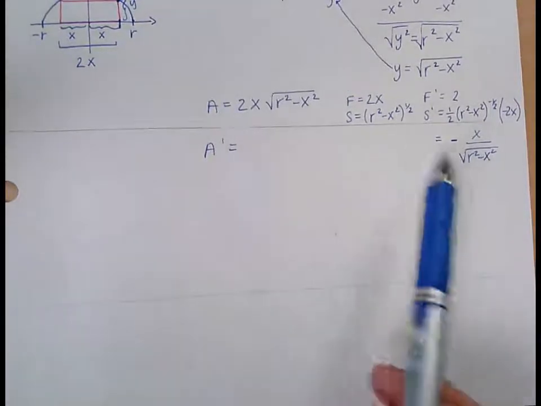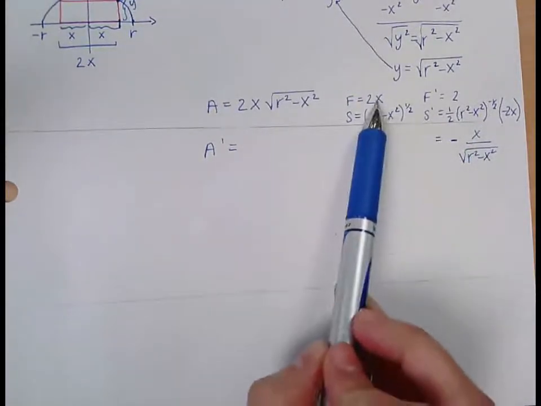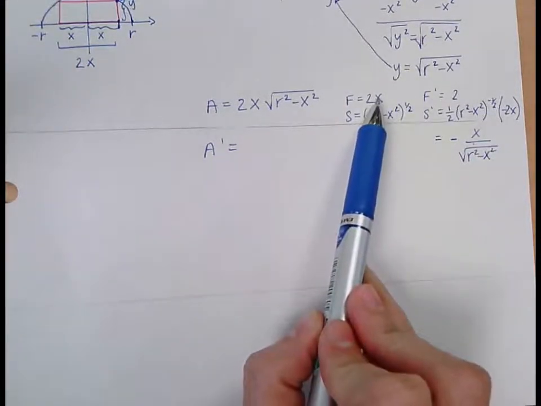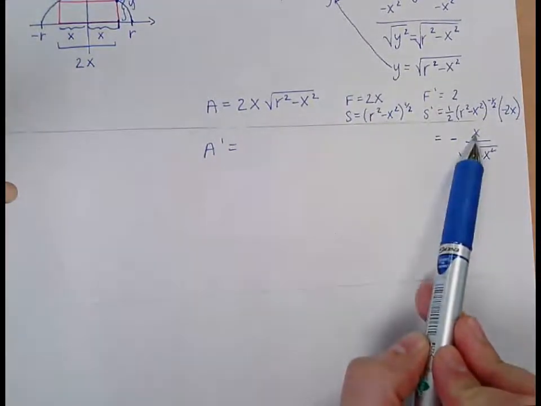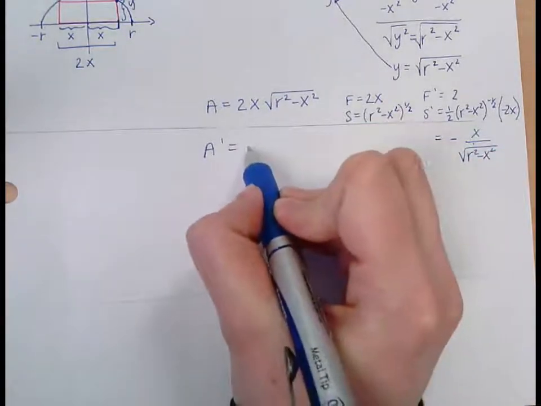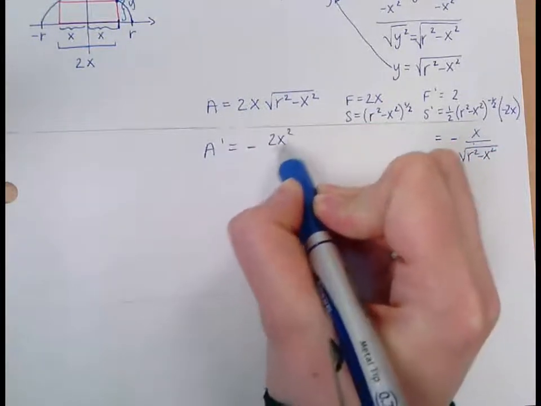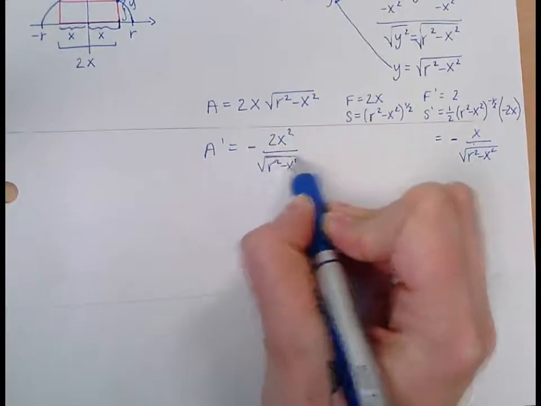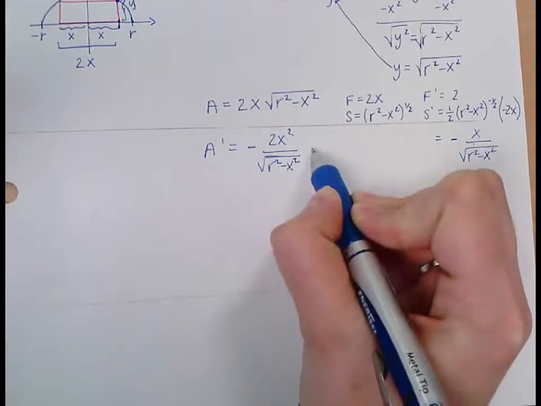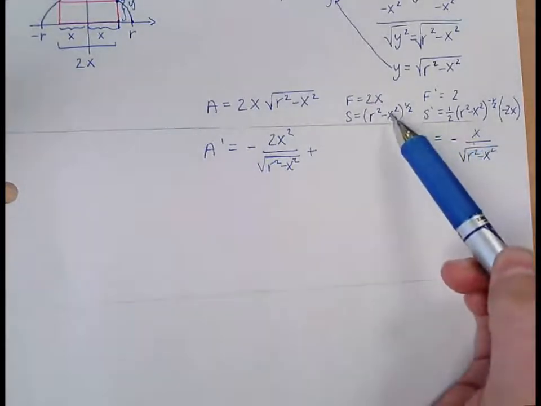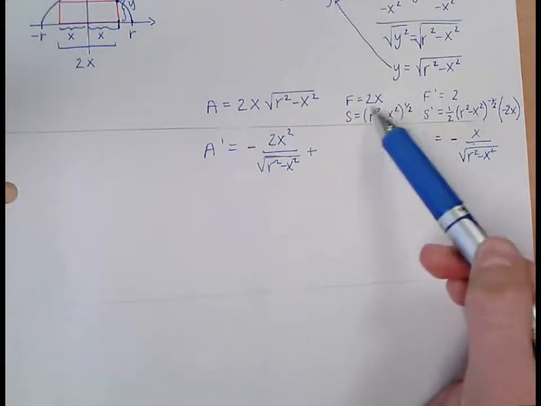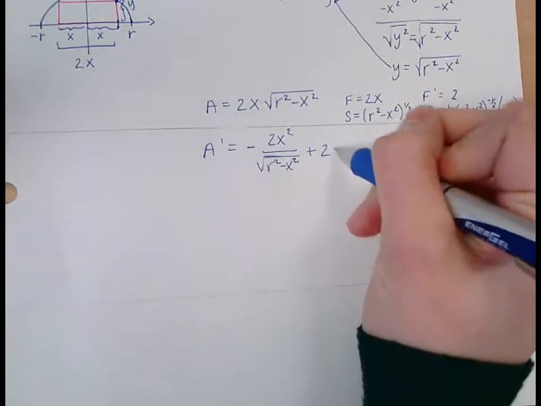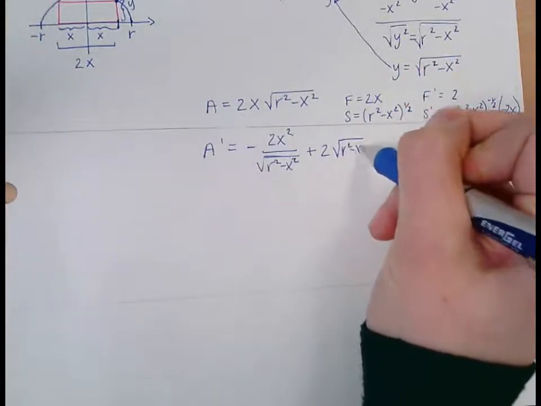So if I put this all together, first times second prime would be the 2x times the x on the top. So I would have negative 2x squared over the square root of r squared minus x squared. And then plus, and I'm going to write this back as a square root here. So that quantity times 2 would be just 2, and then the square root of r squared minus x squared.